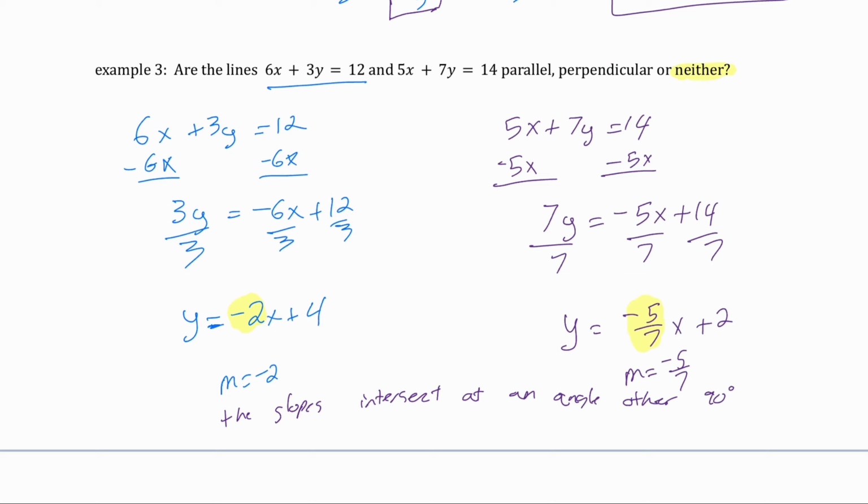If they're intersecting, we know that they're not parallel because the slopes are not equal. And they're not perpendicular, because the slopes are not opposite reciprocals.